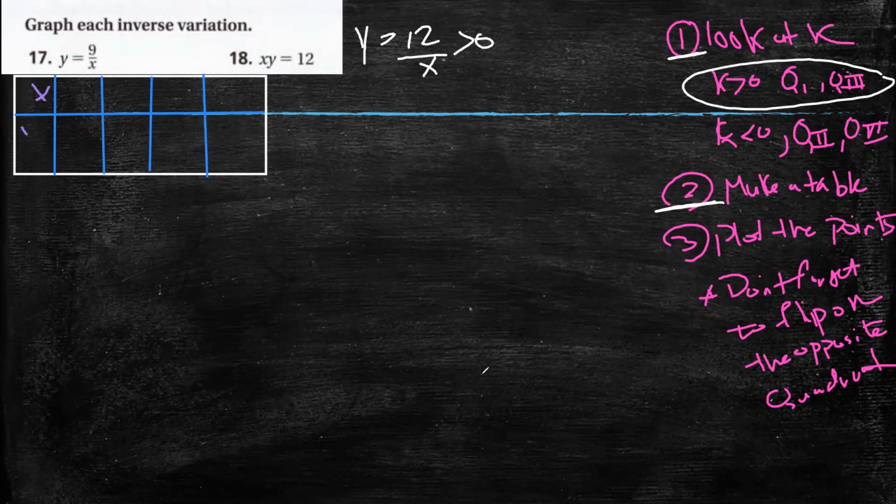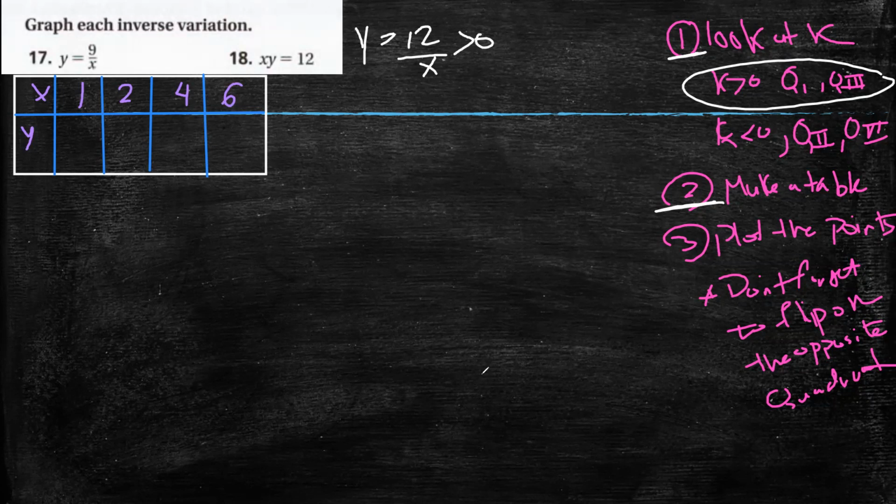This is x and this is y. Now 1, 2, 4. Every time try to look at numbers that are divisible by 12, like 1, 2, 4, and 6. Each number can divide 12.